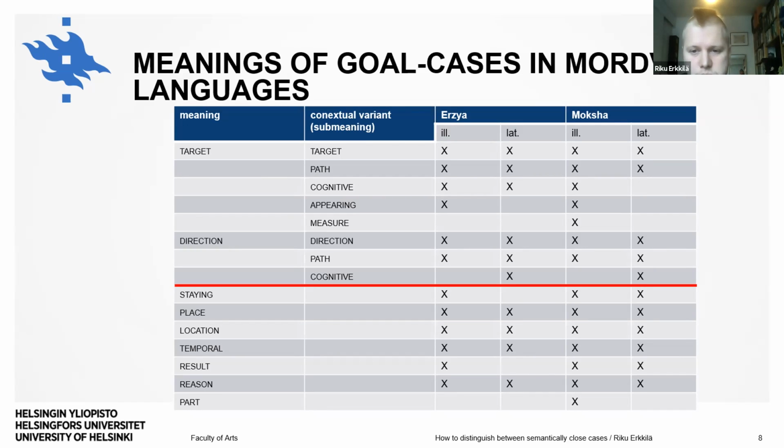And the red line marks that above the red line are the frequent meanings, and under it are less frequent. And we will soon see that the frequency difference is quite big. And I don't go into this much further, but as you can see, in both languages and in both cases, they don't have that much difference in what meanings they can express.